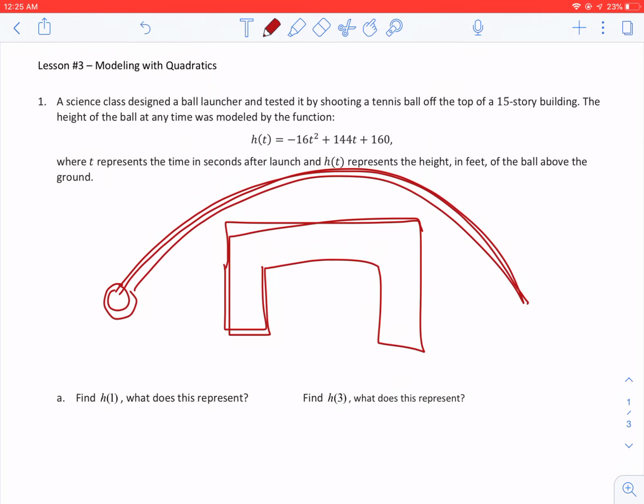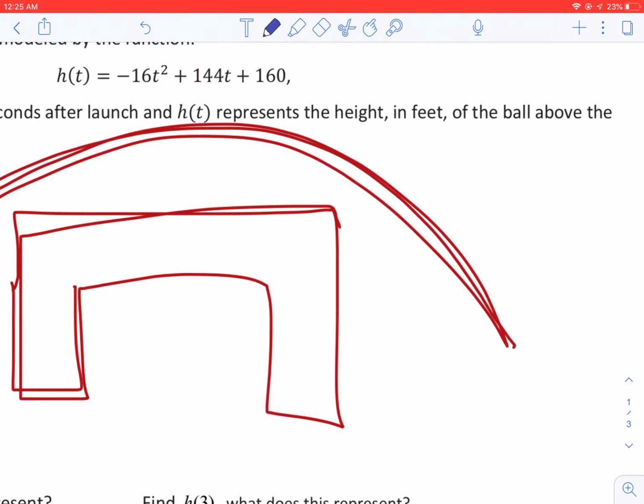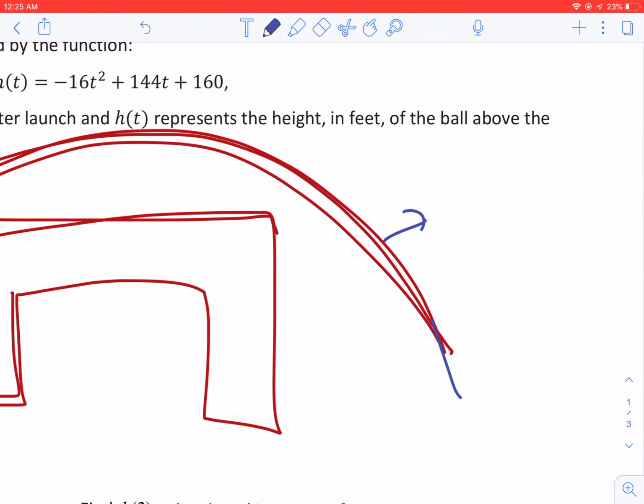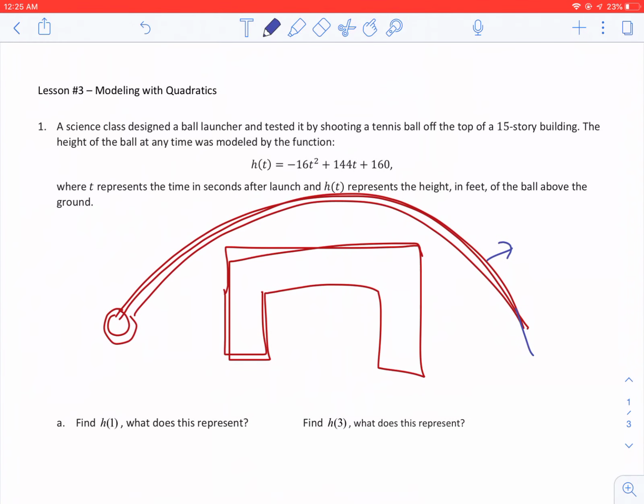And what we said, if that's a parabola, isn't there an equation? And if we have an equation, we can model the path of that ball with an equation. And that's what we're going to be doing today. We're going to be modeling quadratics with equations. So we're going to represent things like the height or the path of a ball with quadratic equations.